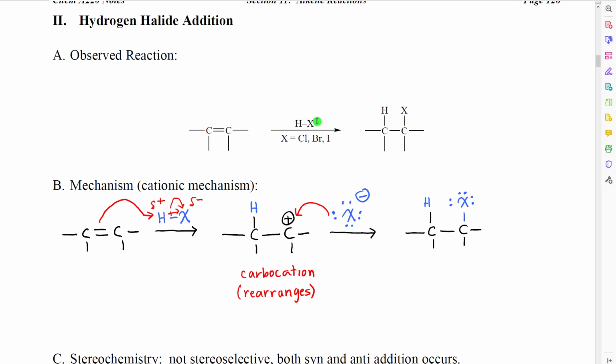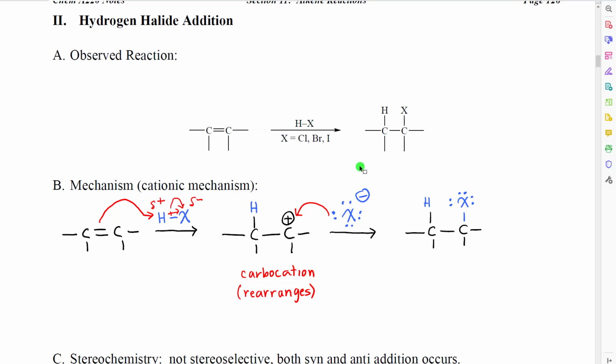This is actually usually done with gaseous hydrogen chloride, or at least non-aqueous, where we would run it in a solvent other than water. In this reaction, we would see that the hydrogen would act like an electrophile because it's an acidic hydrogen, so it should have a partial positive charge and be attracted to bases, and then the halide would attack like a nucleophile.